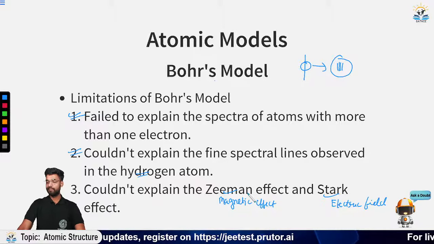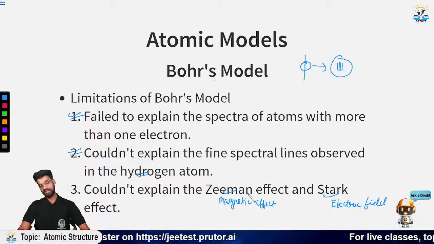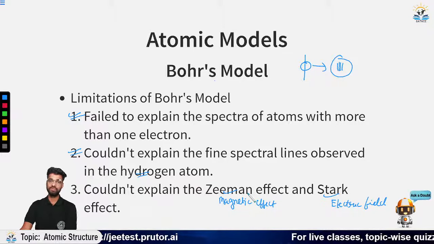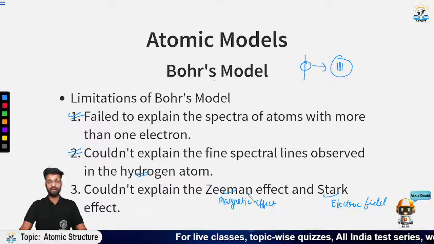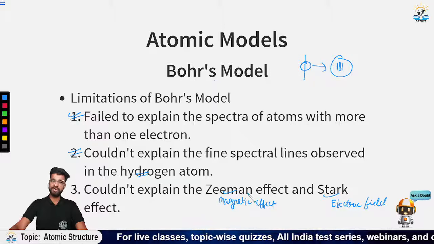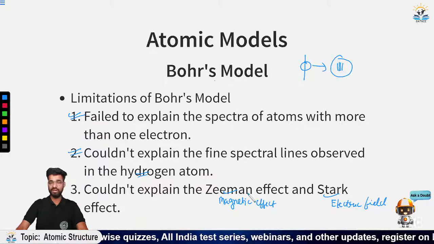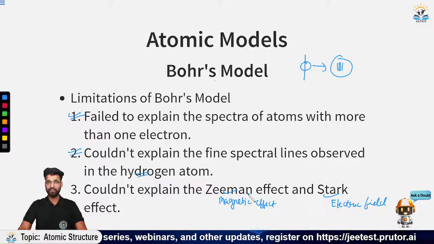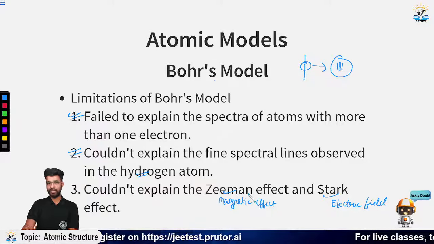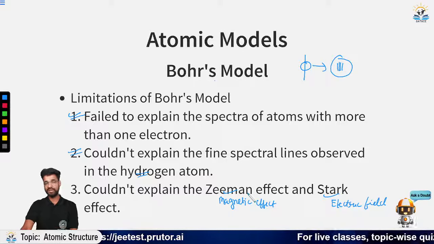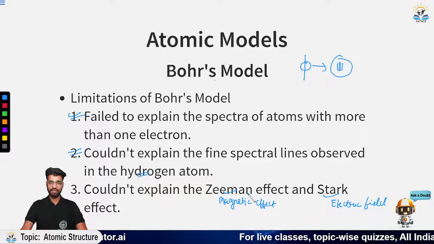One more point I have not mentioned here because we have not seen the Heisenberg uncertainty principle. So I'm just putting up a point here, I'm not explaining it. When you study the Heisenberg uncertainty principle, you will come to know why the Bohr model was a failure. It was the major drawback of the Bohr atomic model. I'm just giving a brief overview.